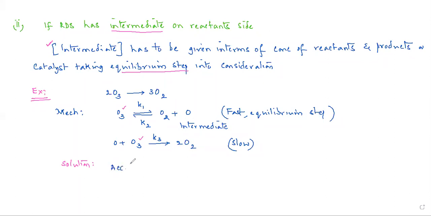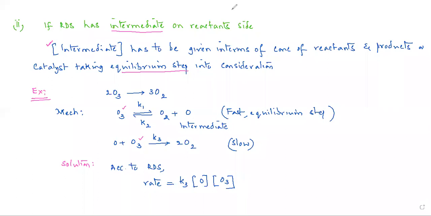So according to the rate determining step, simply it can be written as the rate is equal to K3 into O into O3, right?